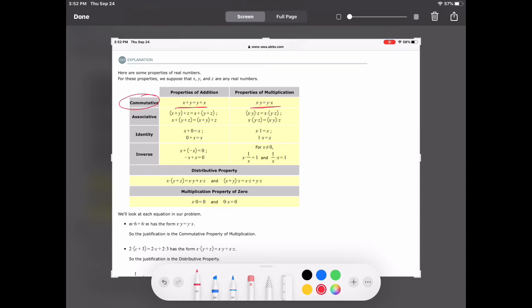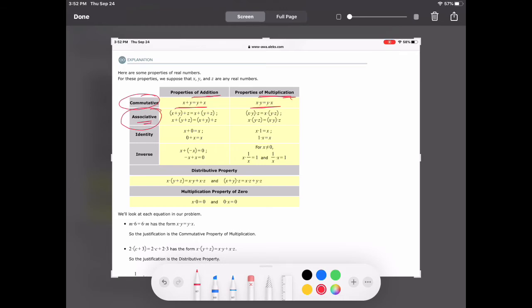We'll say commutative property of addition, or commutative property of multiplication. The associative property looks pretty much the same in addition and multiplication. We'll just say associative property of addition, associative property of multiplication.